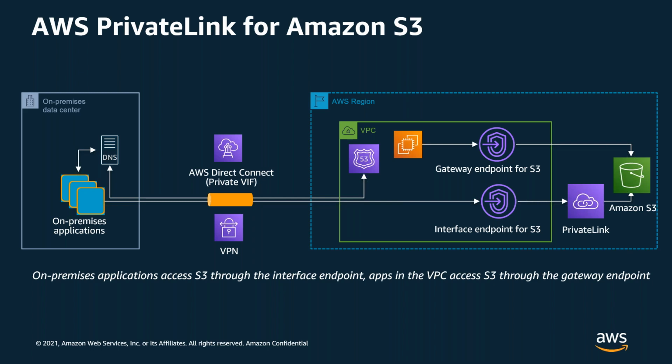In addition, there's also going to be a small charge per gigabyte as data passes through that interface endpoint. So this isn't something you'd want to do by default, only if you really have a strict requirement for keeping all your data private over that interface endpoint when you're accessing it from things like on-prem.